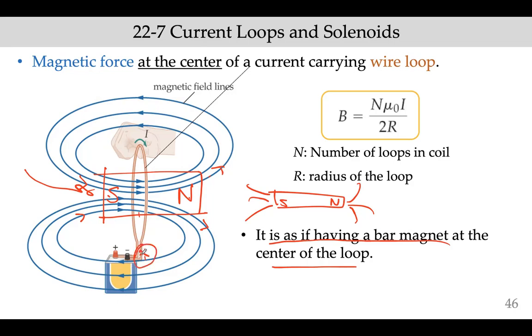You can turn it on and off so that you can have a magnet that can be turned on and off at will. So that's the good part of these electromagnets. These are called electromagnets because they're created not by a material like a magnet, but by current.